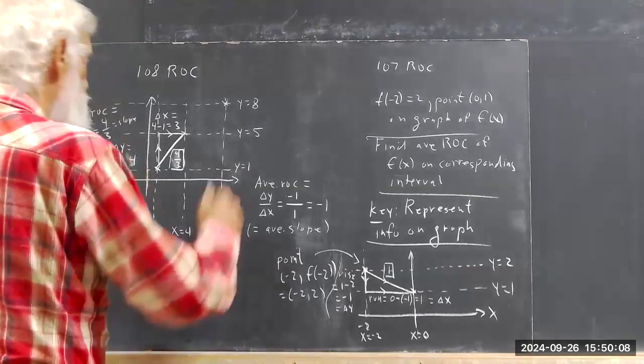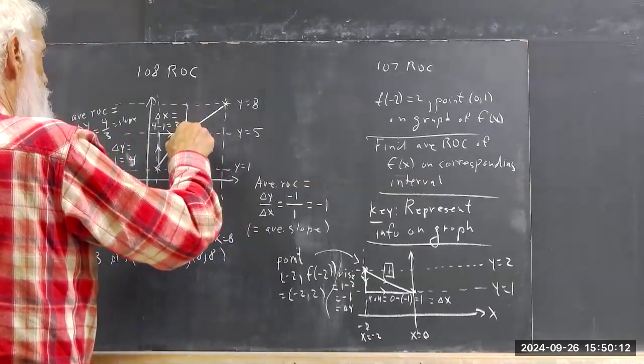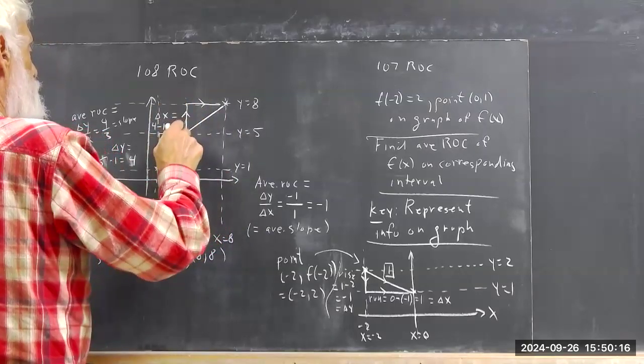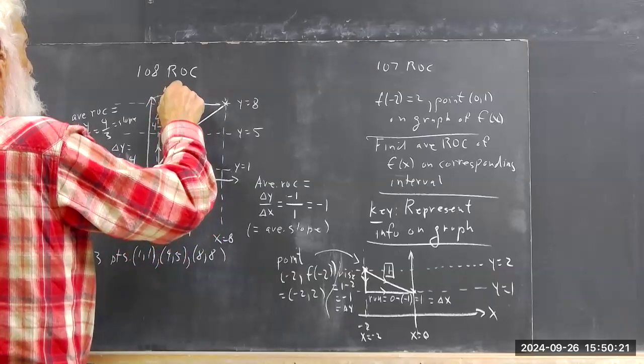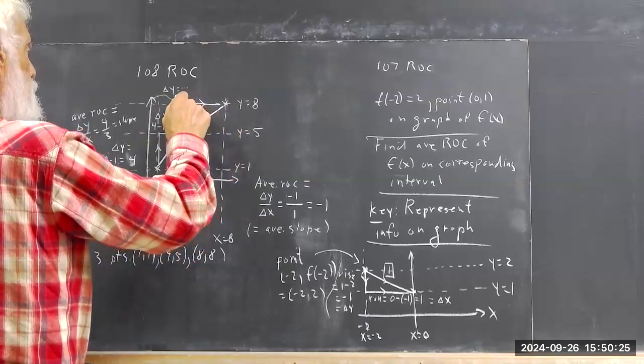Okay. Now we do the slope from this point to this point. Delta y goes 5 to 8, it's 3.